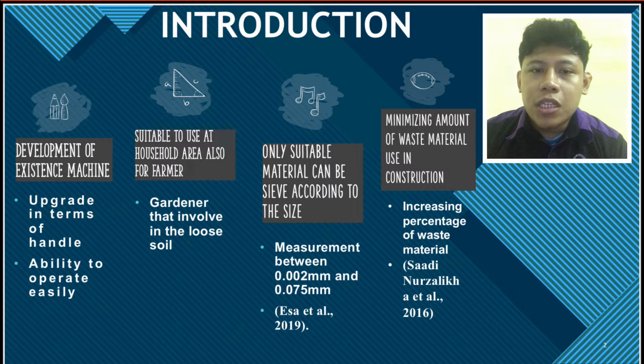This project was created to minimize the amount of waste material used in construction. As we all know, the percentage of waste materials such as sand, bricks, and also other materials used in construction has increased, and mostly it comes from the construction area.